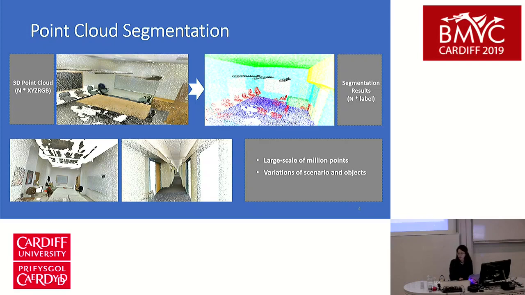What we need to do is to predict the label for each point, and then we get n labels to generate the segmentation result. We have another 2 examples of indoor scenes. As we can see, it is obviously a large scale of millions of points, and also because of the variations of scenarios and objects, all those facts can make this problem very complicated.